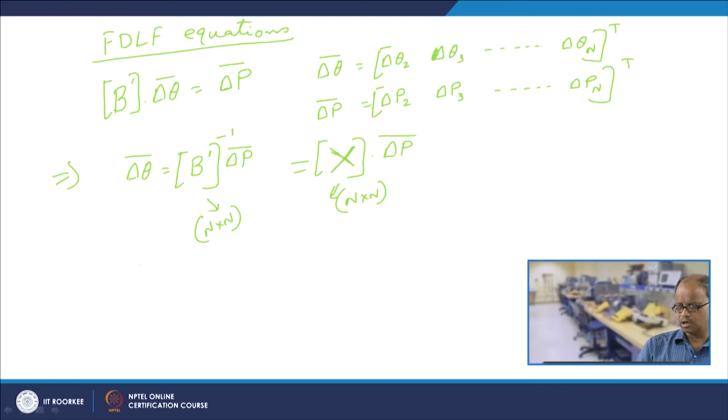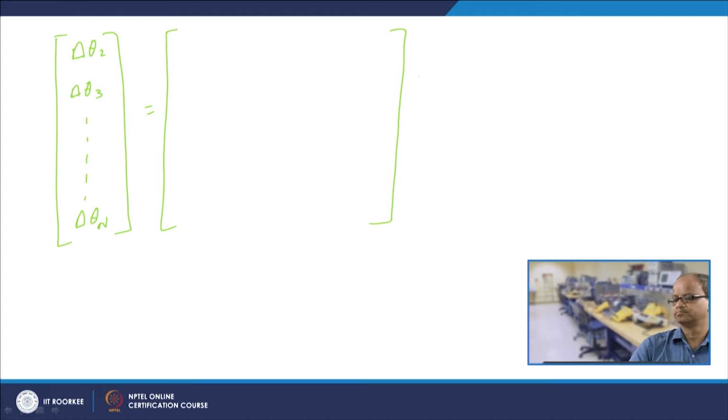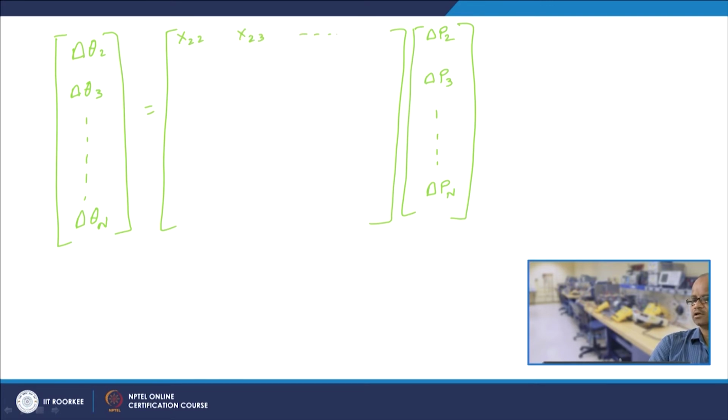So, if we expand this, we can write down that this is x22, x23, x32, x33, and xn2, xn3, xnn.